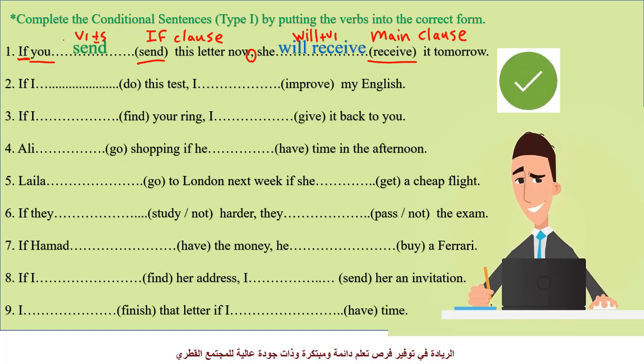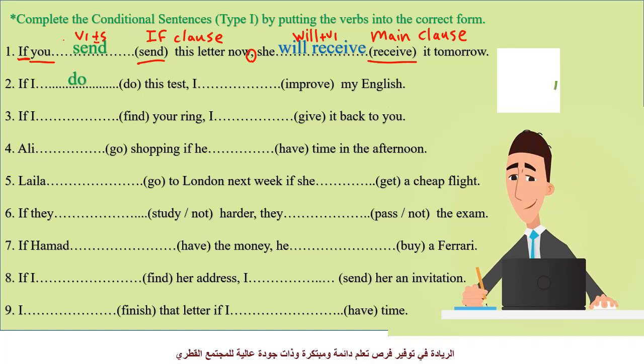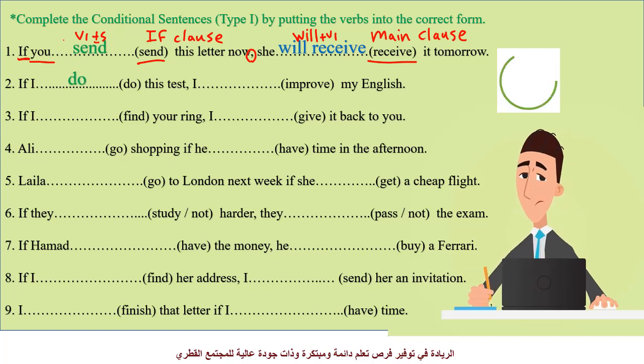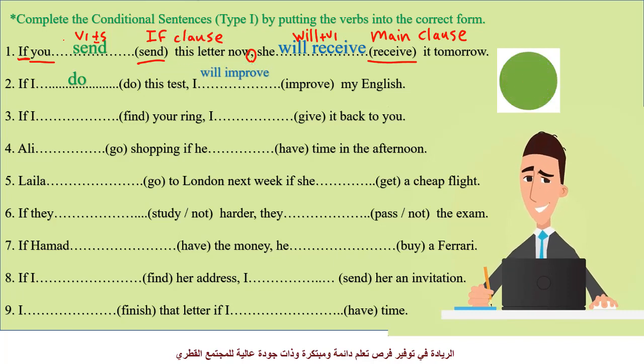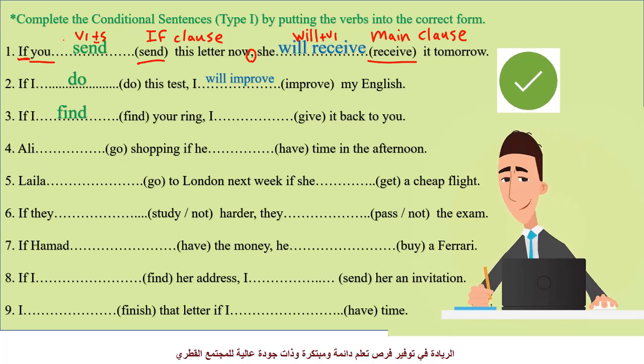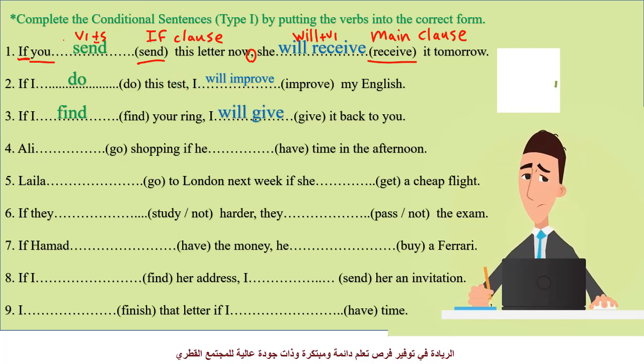And here we have another example. If I do this test, because I is not one of the third person singular, I will improve my English. If I find your ring, comma, I will give it back to you.